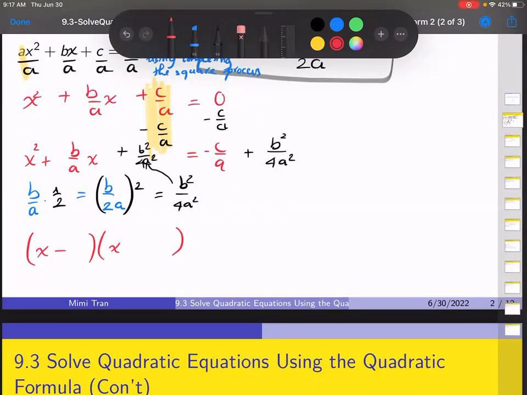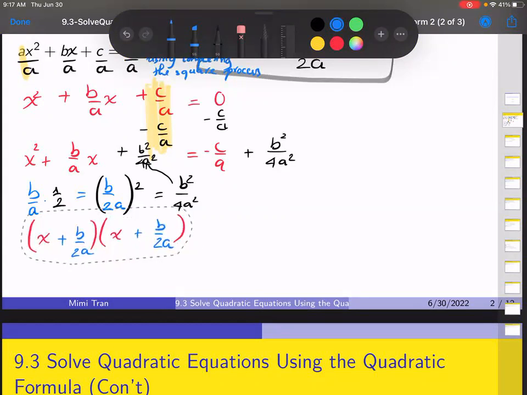So plus b over 2a, plus b over 2a. It's helpful when you have fractions, which is x plus b over 2a. Oops, a should be on the bottom, squared, right?